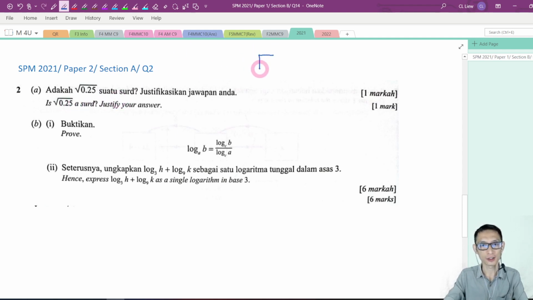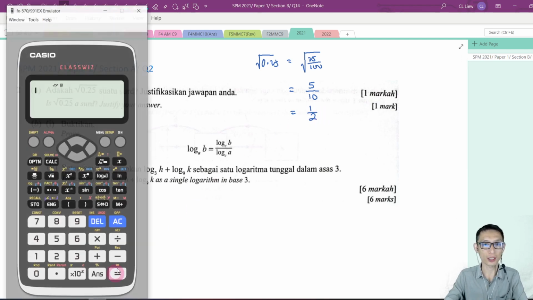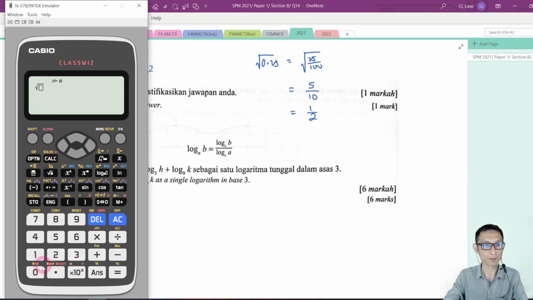Let me do it this way. 0.25 is actually equal to 25 over 100, right? So square root of 25 is actually equal to 5. Square root of 100 is equal to 10. So it's actually equal to 1 over 2, right? Okay, you can press your calculator, check your answer.